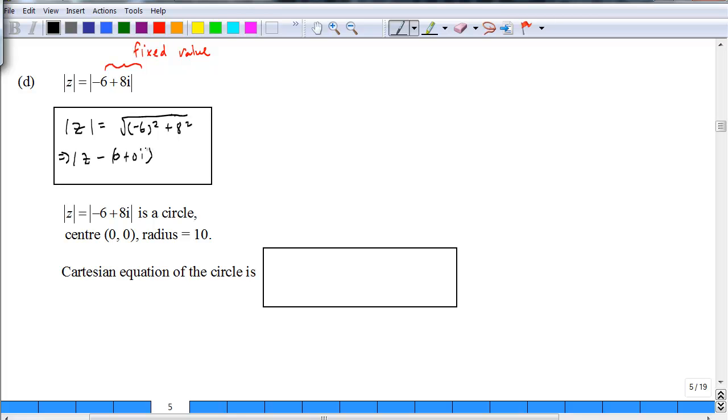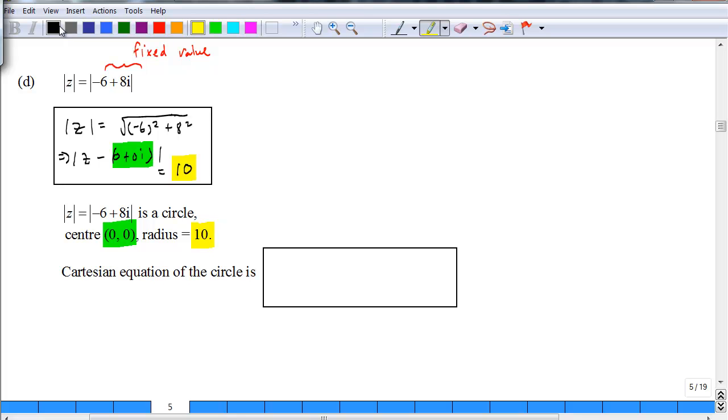On the left you can write the modulus of z minus the complex number 0 + 0i, and on the right, evaluating the root, you actually have 10. So in this case, we are drawing a circle with center the origin and a radius of 10.